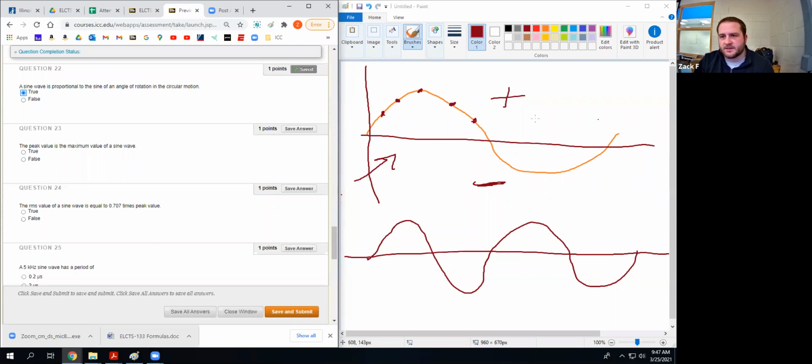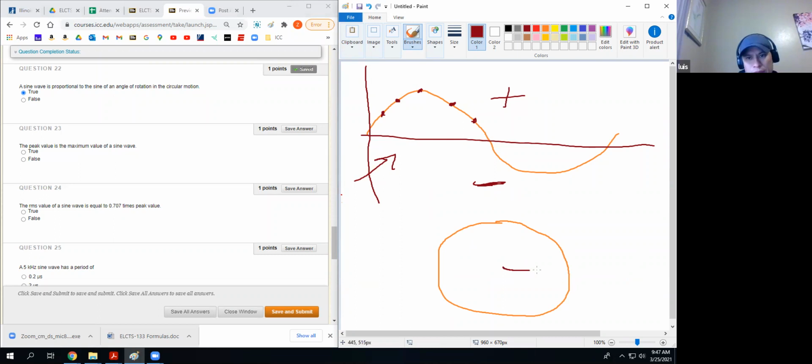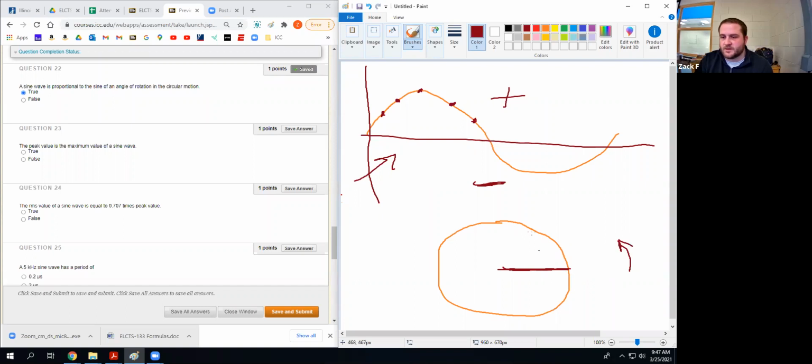what they're trying to say here is that if I had this same top sine wave, if I represented this same thing in a circle, starting right here, 0 degrees. And let's say we're going counterclockwise here.